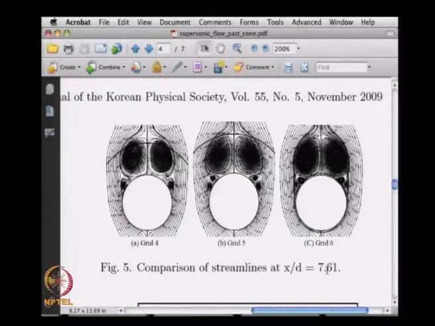So if you start from the vertex of the cone, then you travel basically 7.61 d. That is a section of the conical structure that we are looking at.